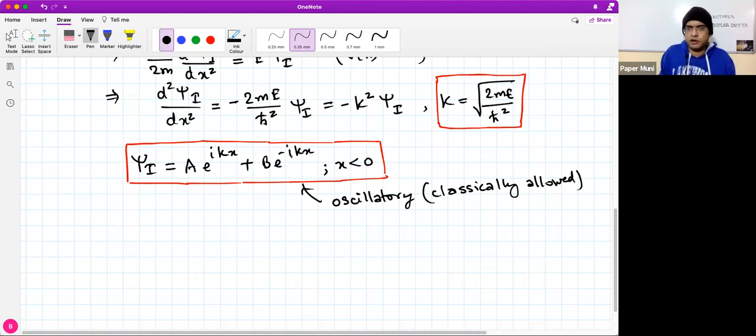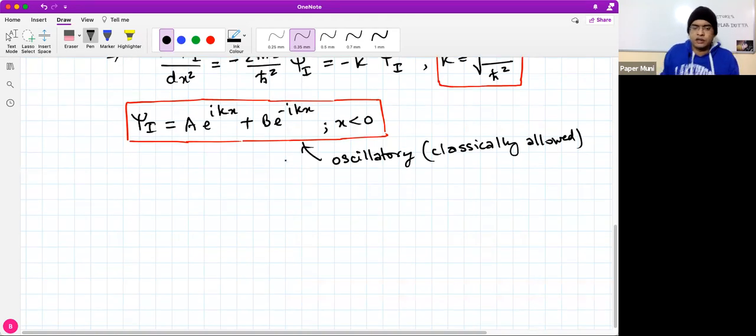You cannot plot this in a 2D graph, but you can plot the real part and the imaginary part separately. Sine is oscillatory and cos is also oscillatory, so that's why the name.